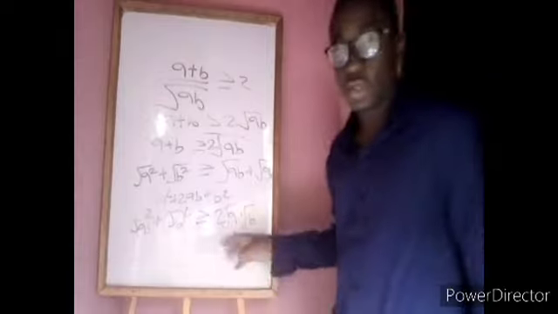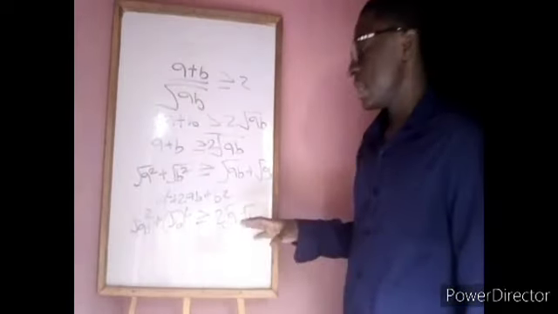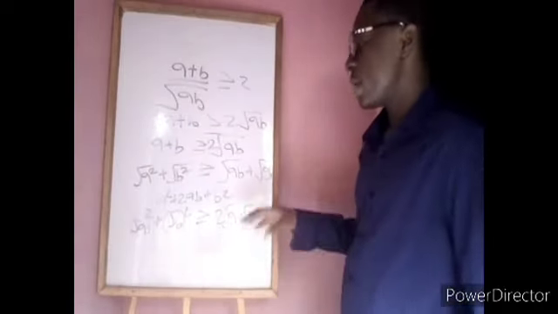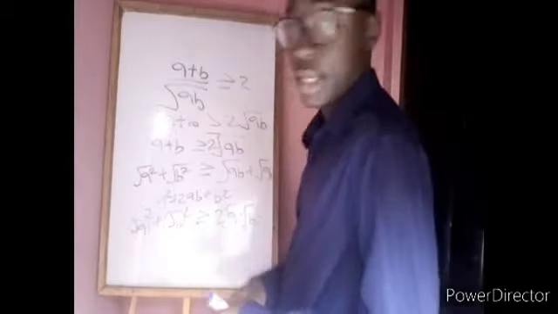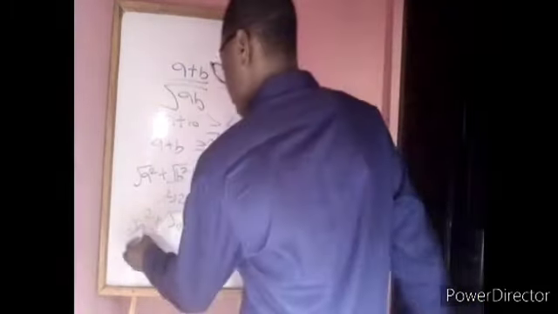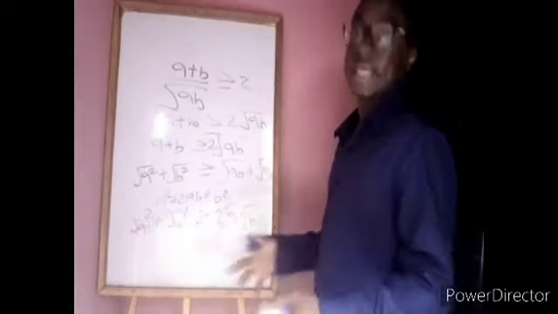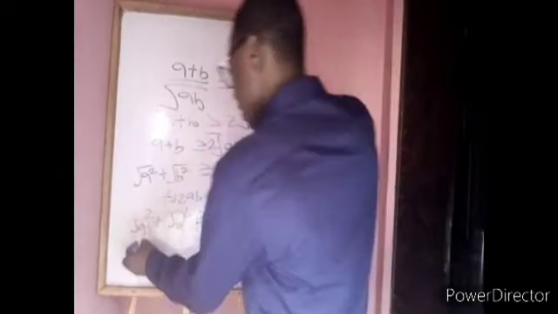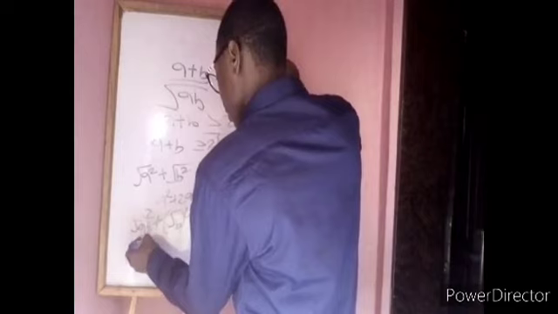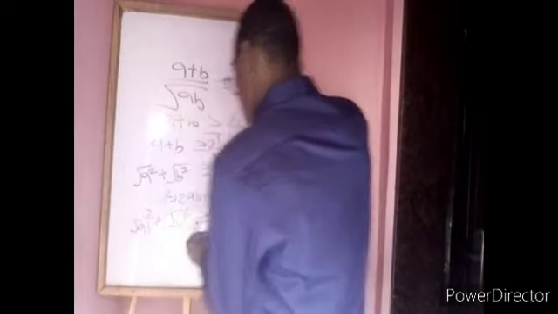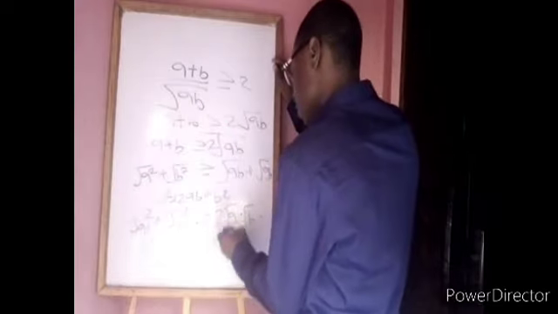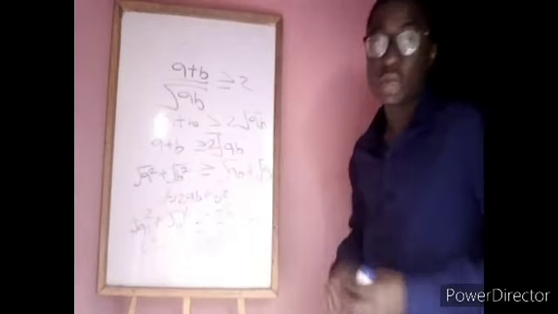Yes, that is obviously true, because if we assume that root a equals c and root b equals d, that means c square plus d square is greater than or equals to 2cd, which is actually true.